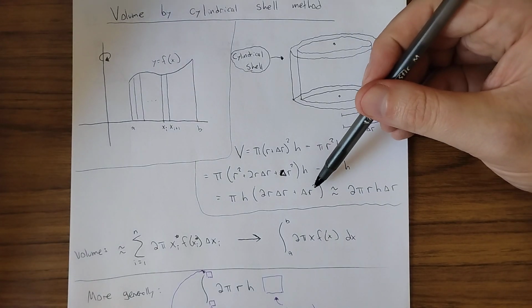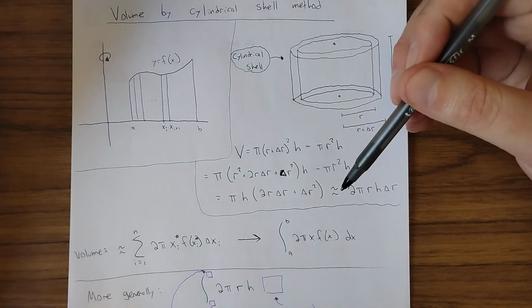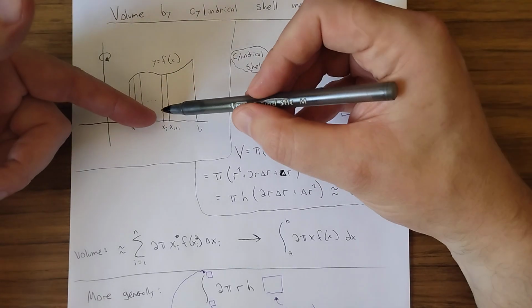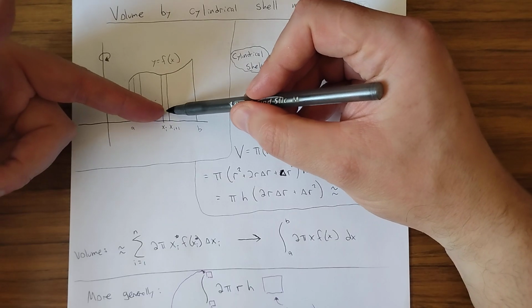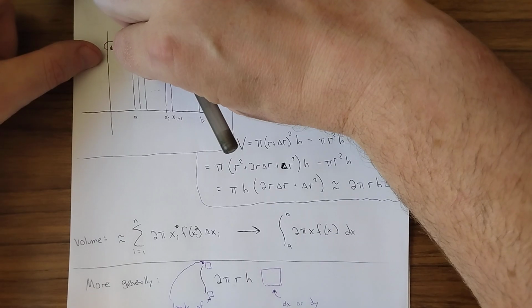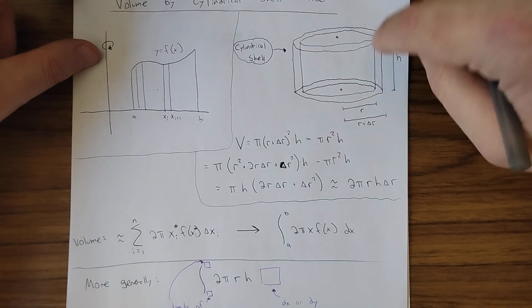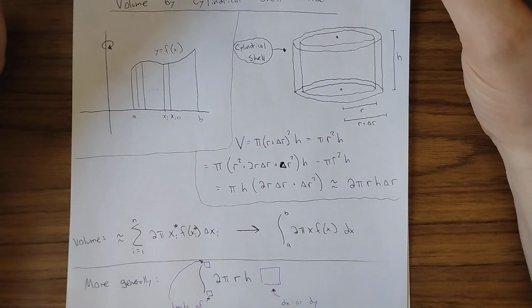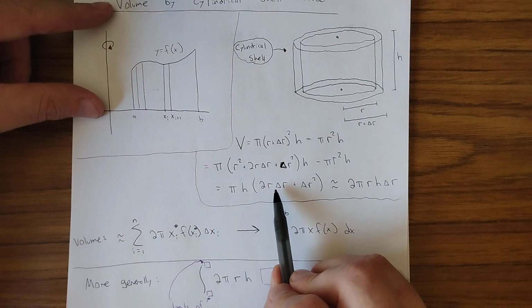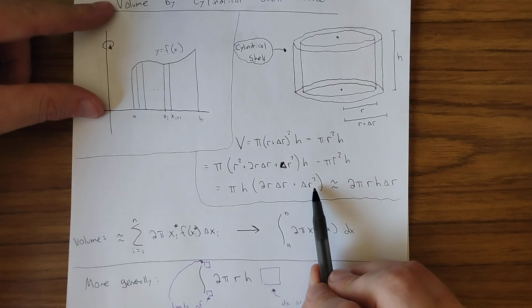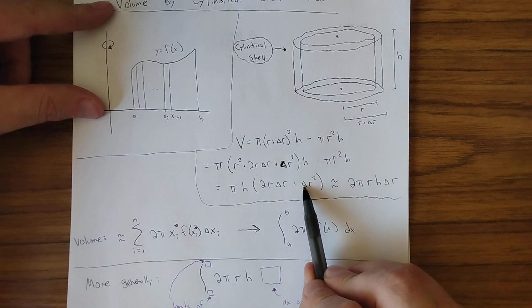And now I'm going to do something just a little bit funny. We should think of delta r as very small. In the end, I'm going to do the limit as the width of these rectangles goes to 0, and the width of these rectangles is what ends up being delta r. So this is a small number, and this is also a small number, but this one is much smaller.